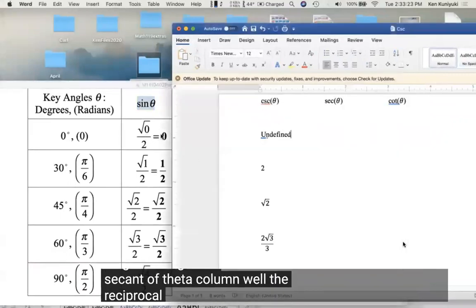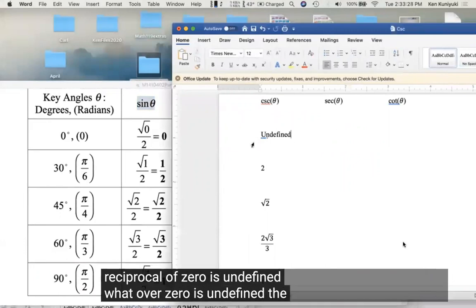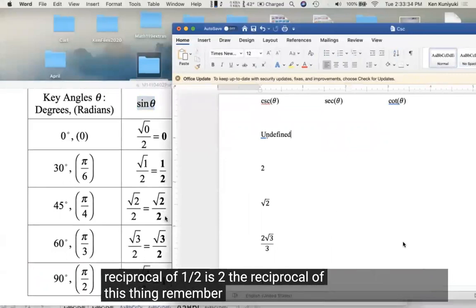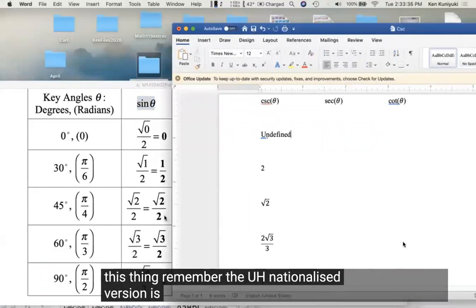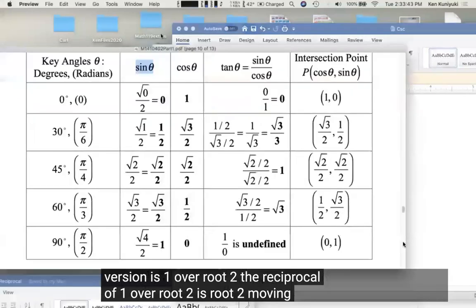Well, the reciprocal of 0 is undefined. 1 over 0 is undefined. The reciprocal of 1/2 is 2. The reciprocal of this thing, remember the unrationalized version is 1 over root 2, is root 2.